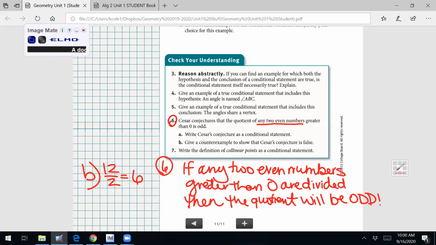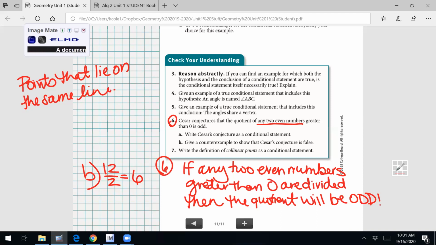Okay, so collinear points. The definition is points that lie on the same line. But they want you to write this as an if-then statement.